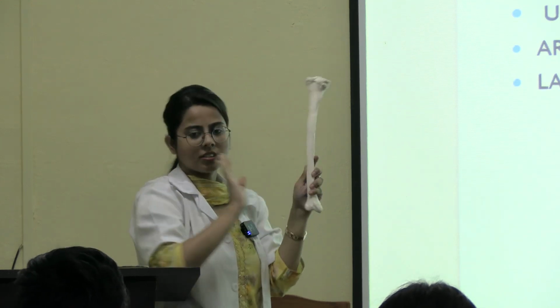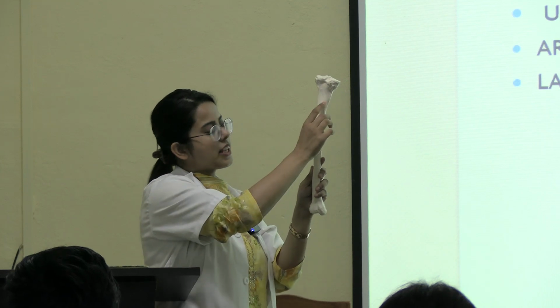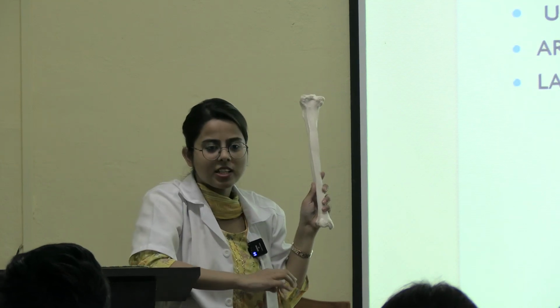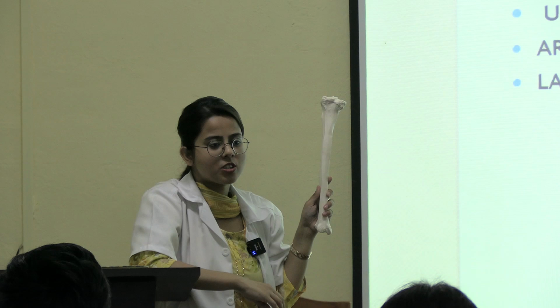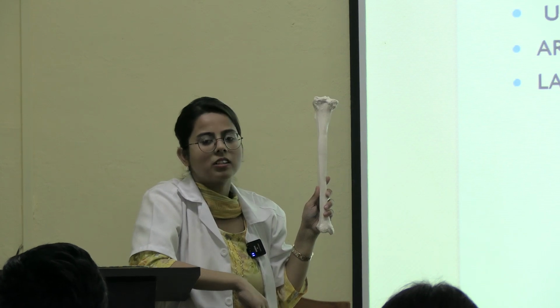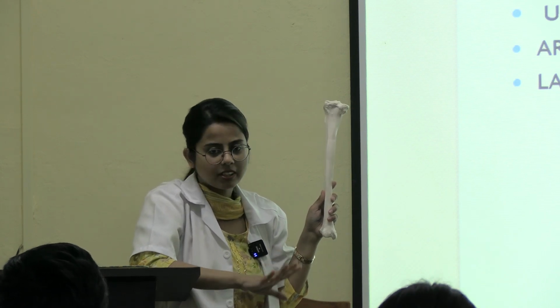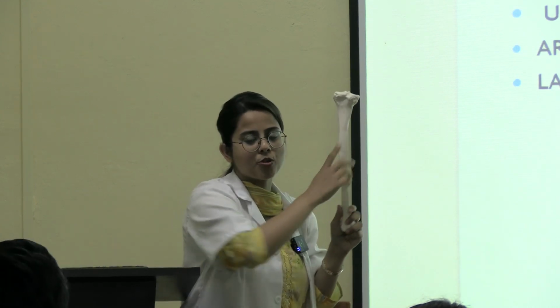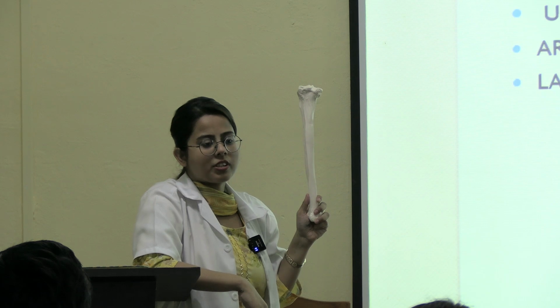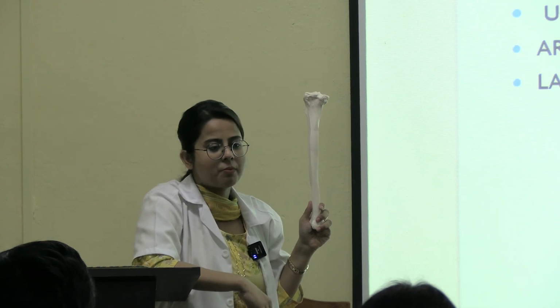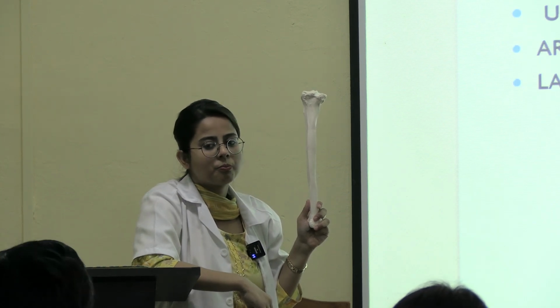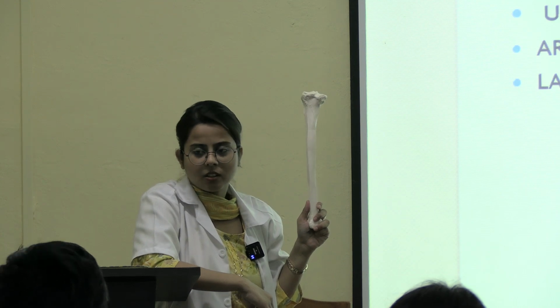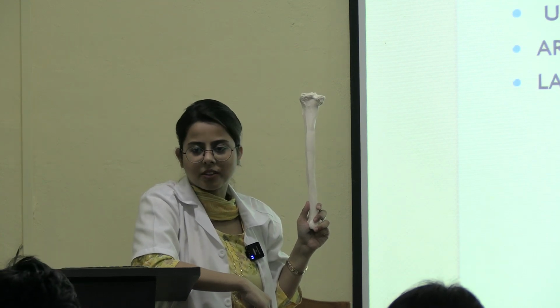Clear? Clear everyone? What are the things attached to this soleal line? Soleus muscle, fascia covering soleus and popliteus, and deep fascia of leg. Clear? And we'll also get a nutrient foramen in the posterior surface through which the nutrient artery will enter, and it's a branch of posterior tibial artery. Okay, and it is the largest nutrient artery. Clear?